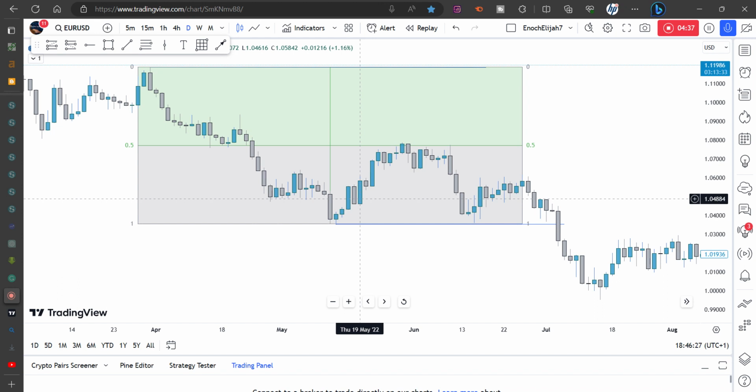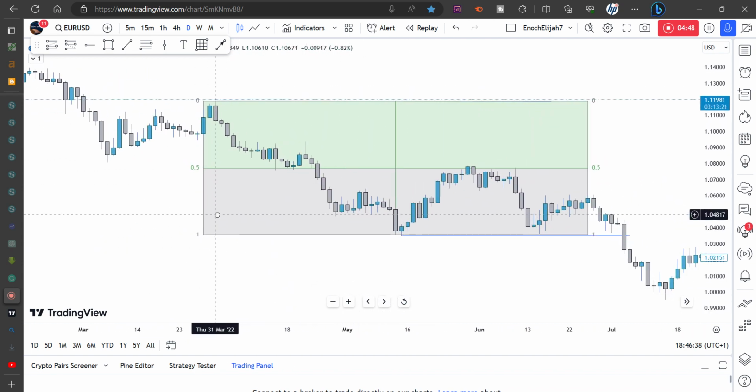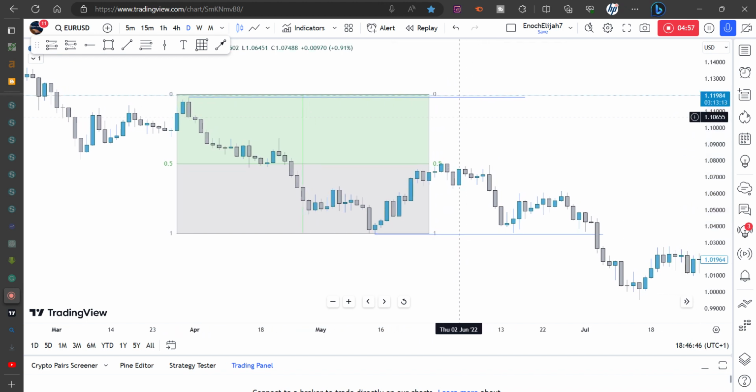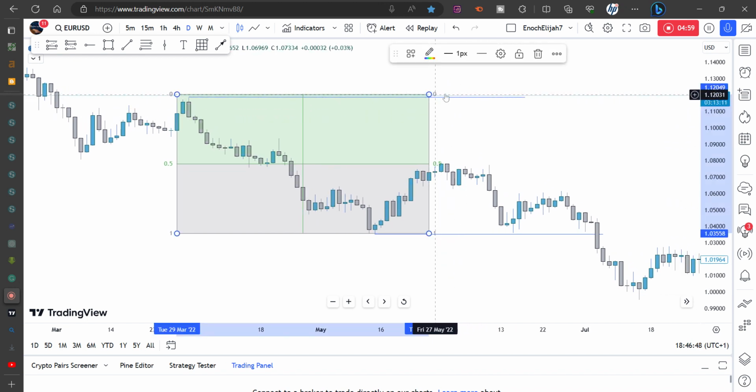One of those things is market structure. What is the trend on the daily chart? Right now we are on a sell trend. Having established that, the next thing to do is to identify where we are in the price.